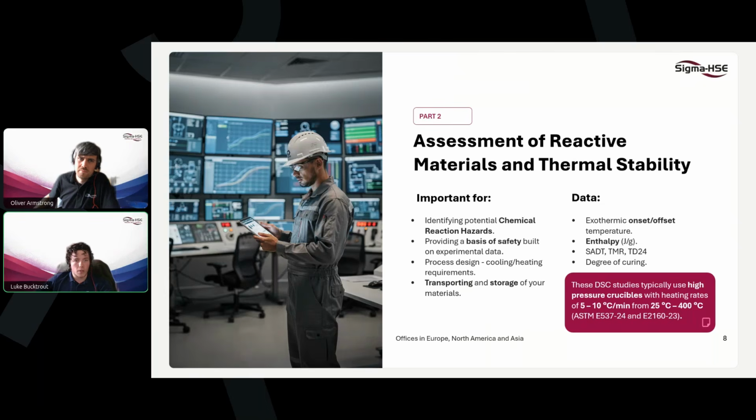Other methods can also be used, which I'll just touch on in this slide, for transport and storage materials. We can determine things like SADT, self-accelerating decomposition temperature, time to maximum rate, and TD24 of materials, which I think Ollie is going to speak more about on the next slide.